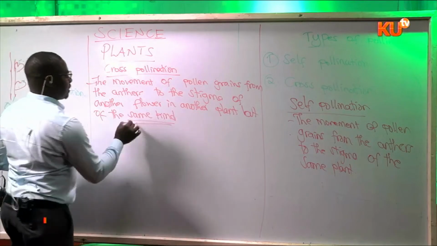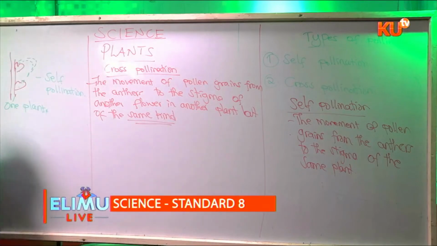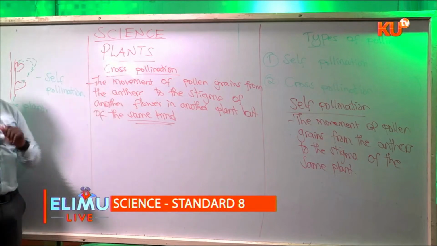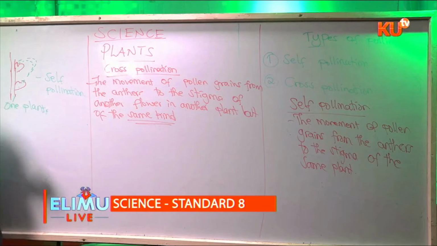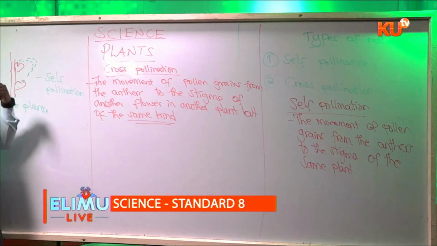The keyword here is the same kind. So cross-pollination is the movement of pollen grains from the anthers of one flower to the stigma of a flower in another plant, but it should be the same kind.